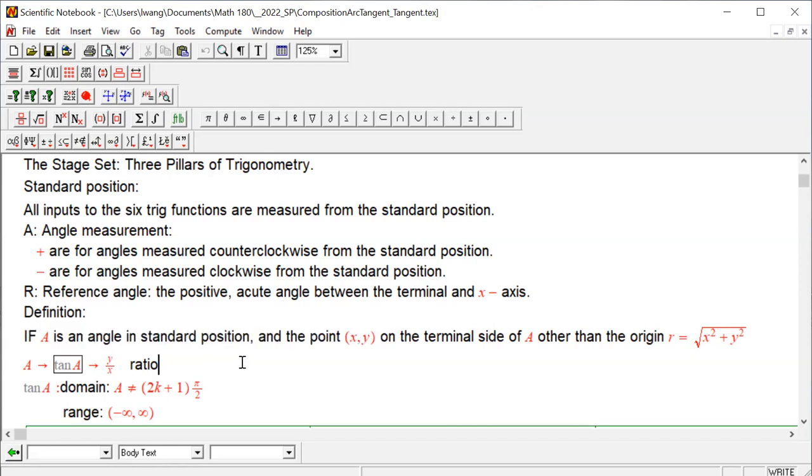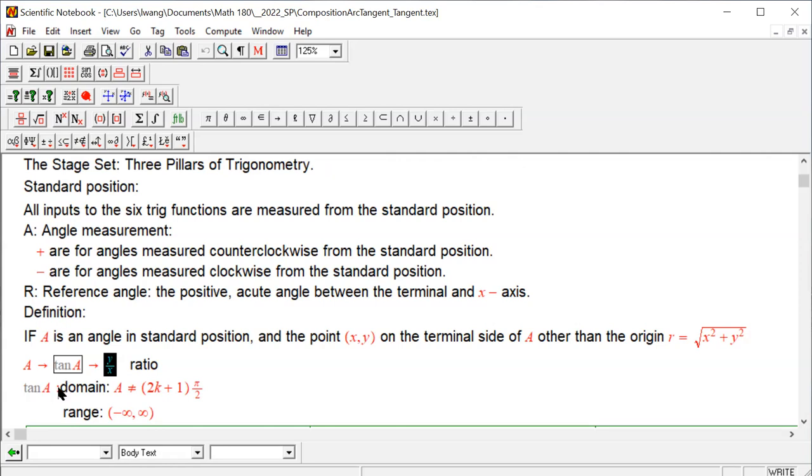In the definition, of course, we defined six functions, and A is an angle in standard position, and a point (x, y) is on the terminal side of the angle other than the origin, which guarantees that r is going to be positive. For the tangent function, of course, we know its definition. Its input is an angle and the output is a ratio.